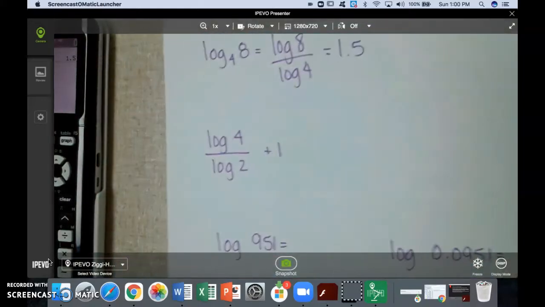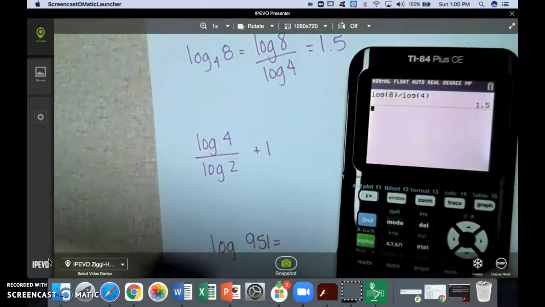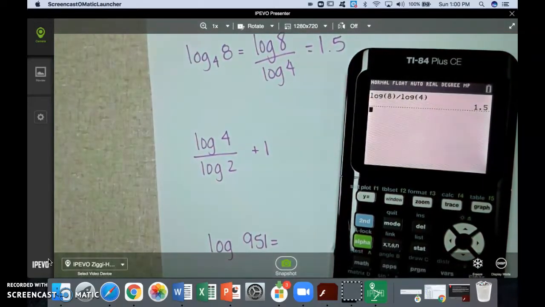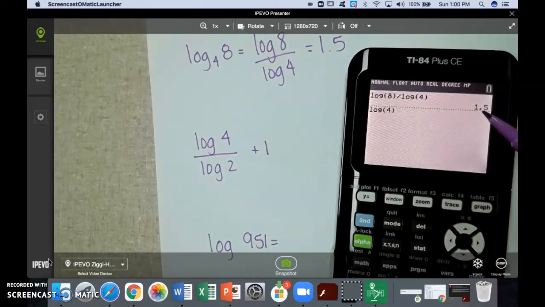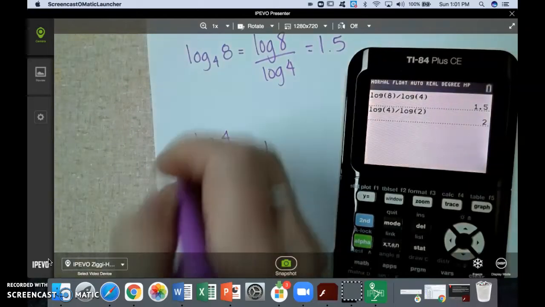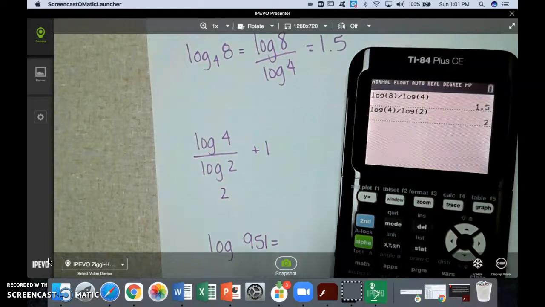All right, so the next one on my calculator, I'm going to go log of 4. Make sure your parentheses end. If they don't, you're going to get a wrong number. So if you're not matching mine with your calculator, that's the problem. Divided by log of 2. And then I press enter, so I kind of know, okay, this is 2. And then I can add 1.